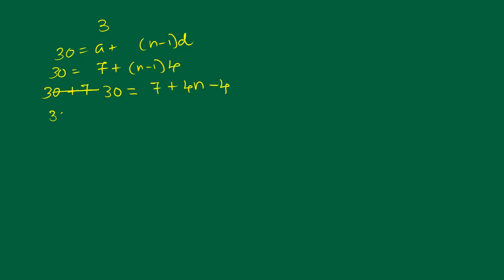So this is 30 equals 3 plus 4n, and you get 4n is equal to 27. So n is equal to 27 divided by 4.